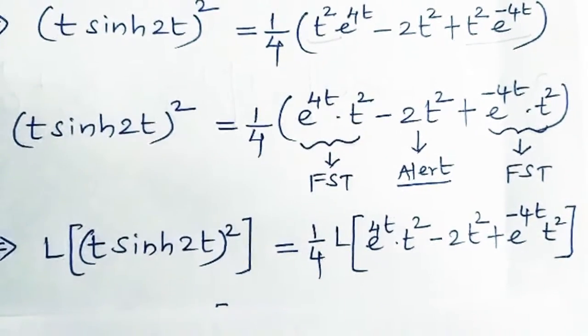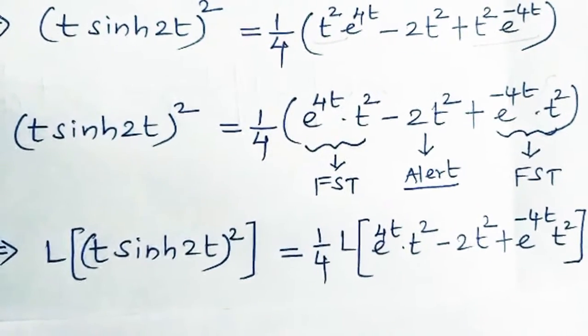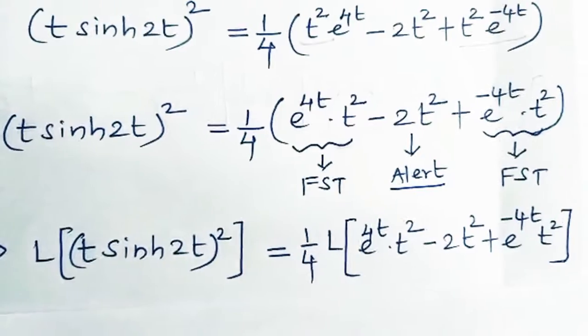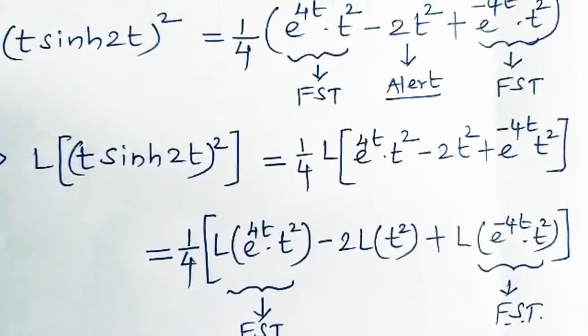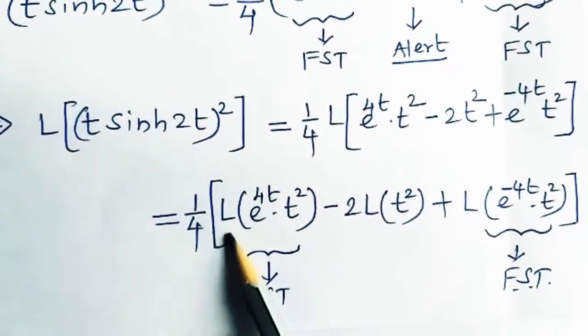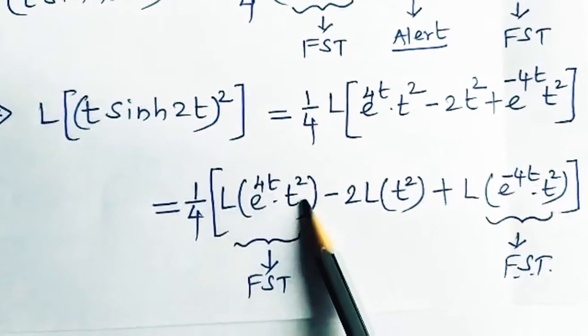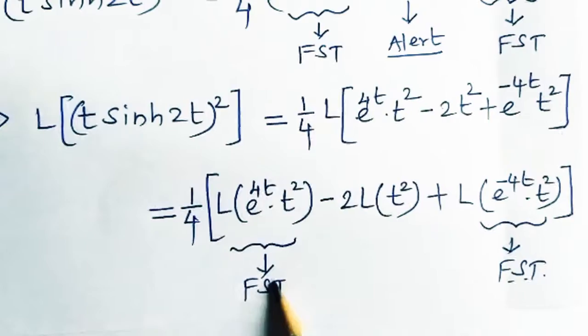So we introduce the Laplace transform operator on both the sides, and after that we have the Laplace transformation of this particular form. 1 by 4 Laplace of e raised to 4t into t square can be solved by using FST.